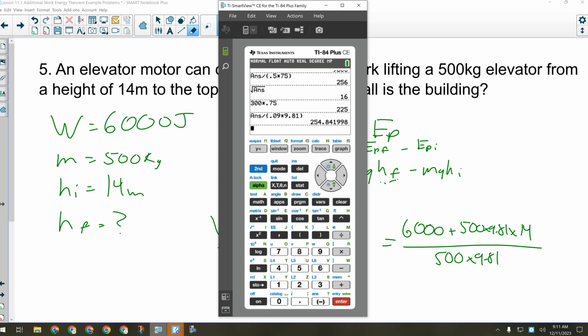So 6,000 plus 500 times 9.81 times 14, and it gives me that number. Divide that by 500 times 9.81. Okay, gives us 15.2 meters.